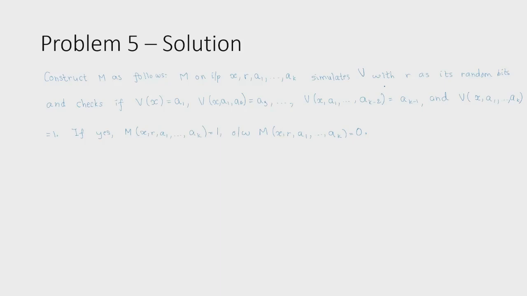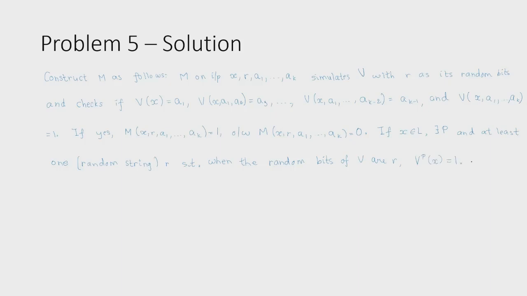Now if X is in L, there exists a prover P and at least one random string R such that, when the random bits are fixed to R, the interaction with P on X accepts, equal to 1.